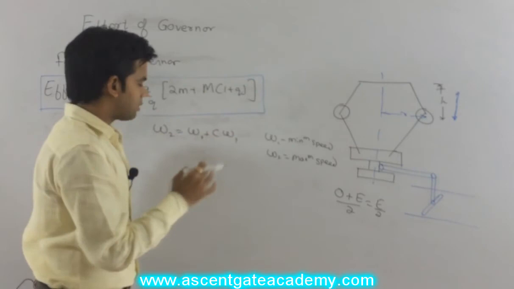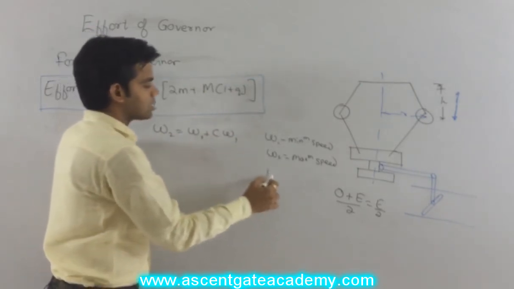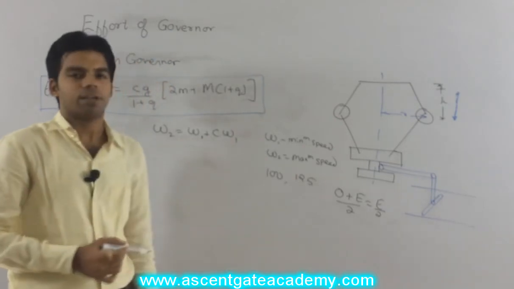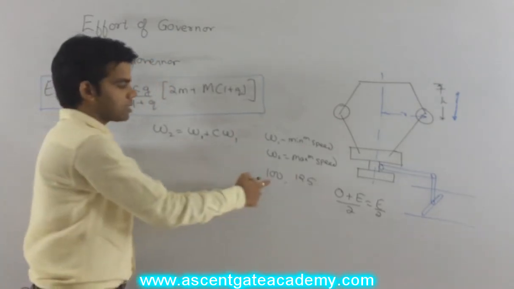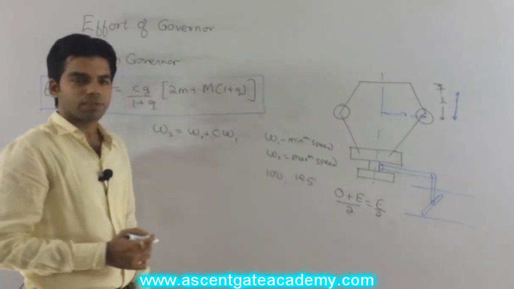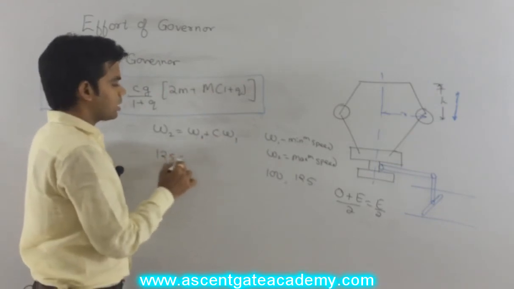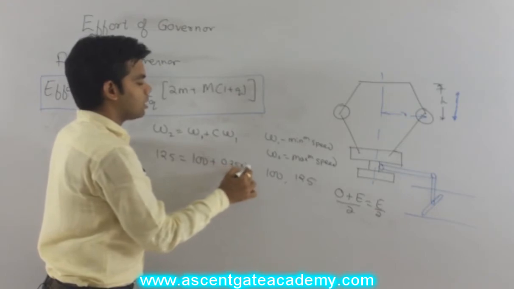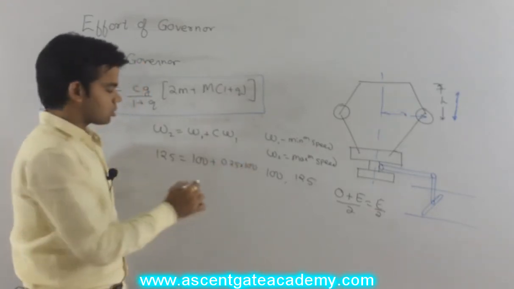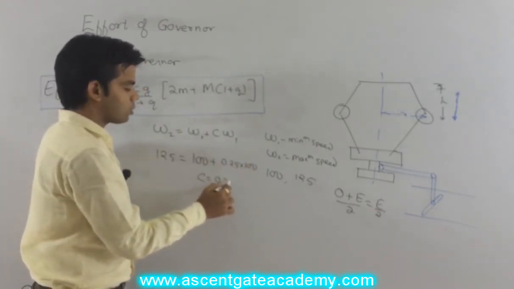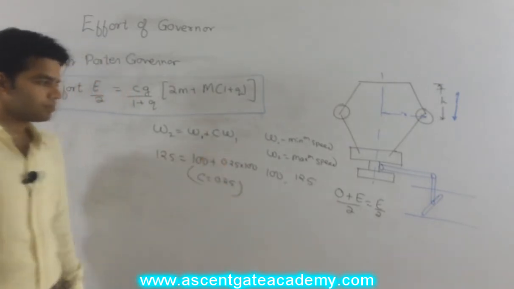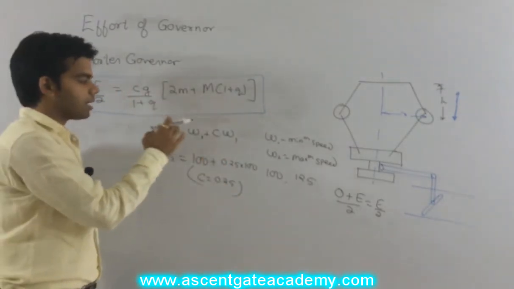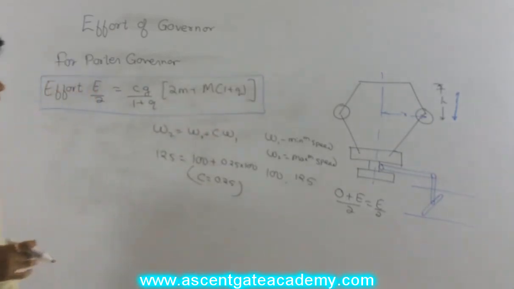For example, suppose the initial speed is 100 and finally the speed becomes 125. Omega 1 is 100, omega 2 is 125. This 125 can be further written as 100 plus 0.25 into 100. So in this case, C will be equal to 0.25, just for an example.